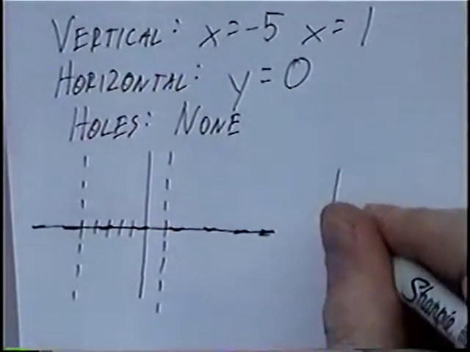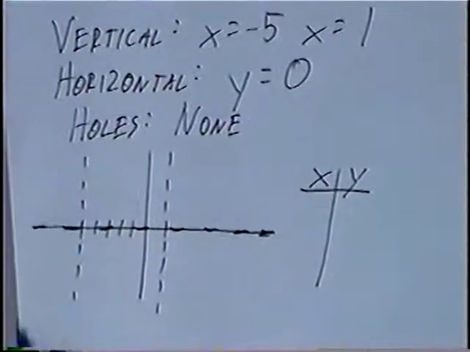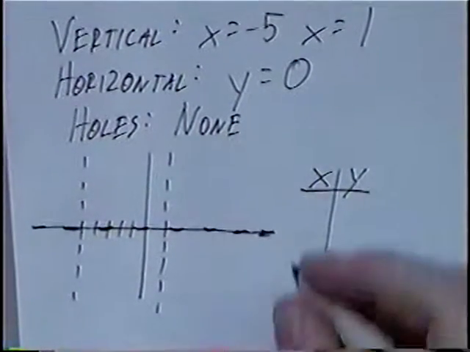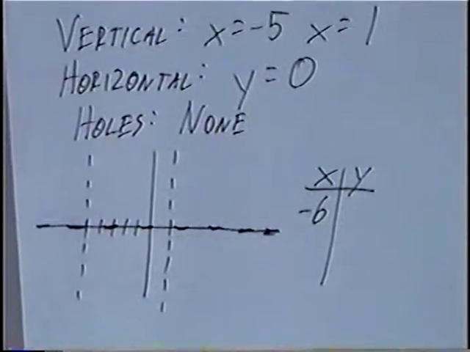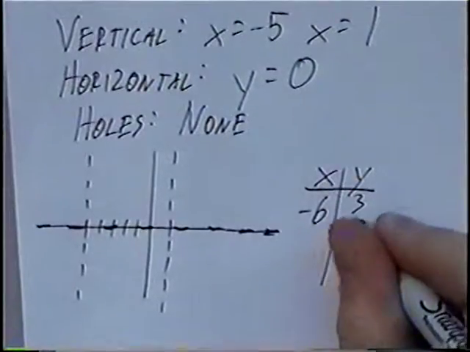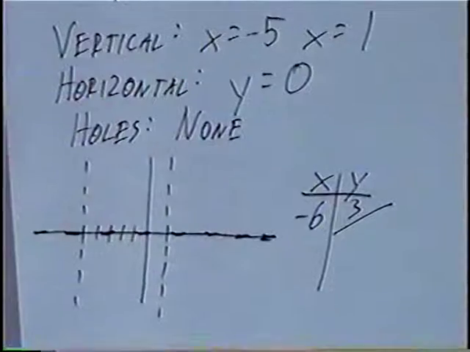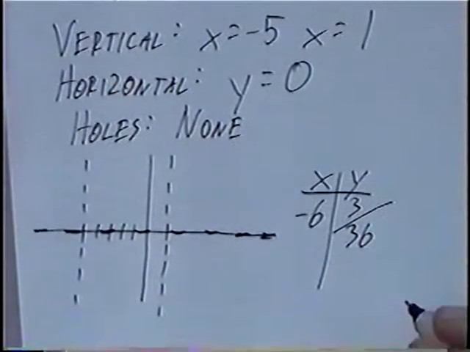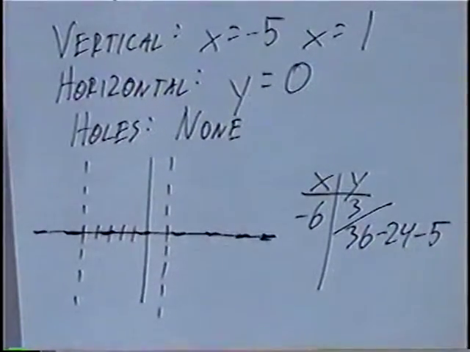Graphing the left-hand side, again we can do a t-table to figure out if the graph is on top or bottom of each section. The first vertical asymptote's at negative 5, so we can pick a number to the left of negative 5, such as negative 6. 3 will be on the numerator from the original equation, and plugging in a negative 6 for the x values, x squared, or negative 6 squared would be 36, plus 4 times a negative 6 would be minus 24, and minus 5.